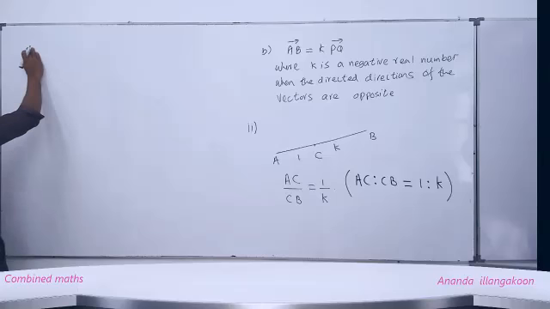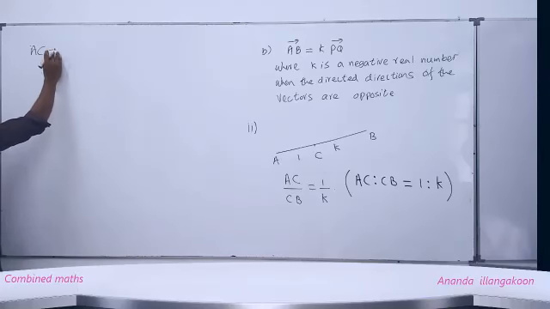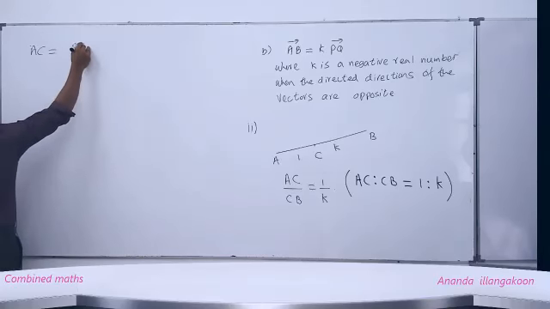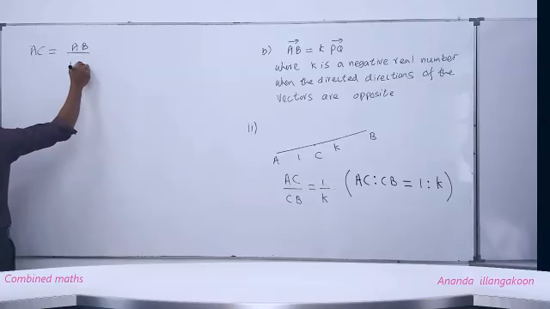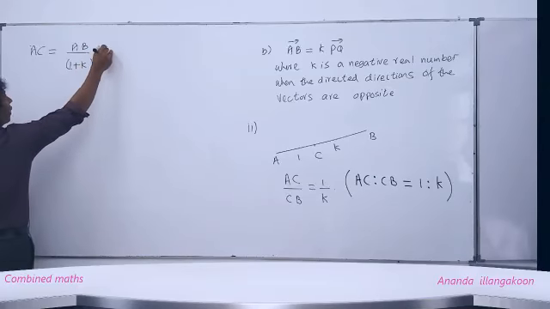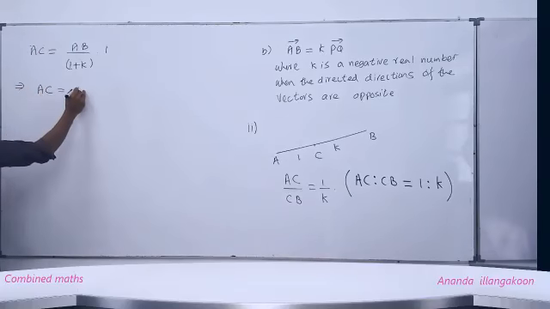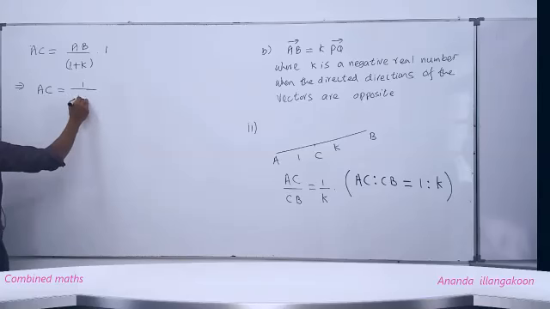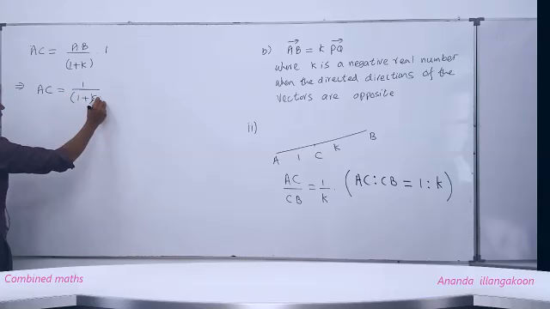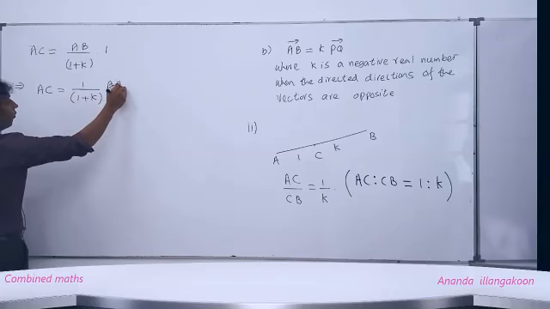AC length is equal to AB length divided by 1 plus K times 1. That means what, people? AC length is equal to 1 over 1 plus K times AB.